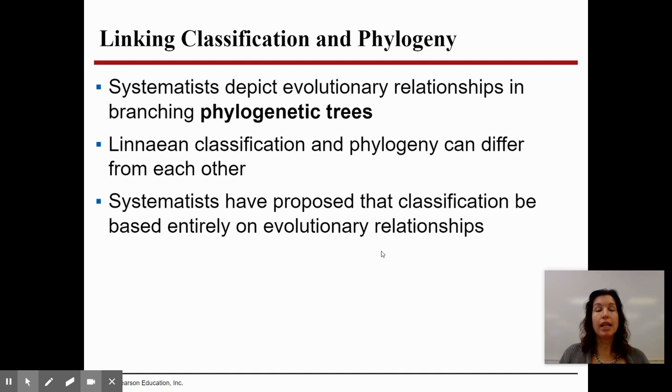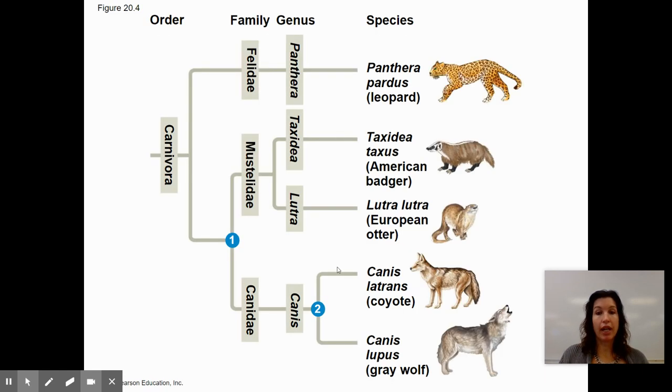All right, and then we can depict evolutionary relationships in phylogenetic trees. And we can use those and look at where different characteristics came to be, shared derived characteristics, so they arose during time, or shared ancestral characteristics.